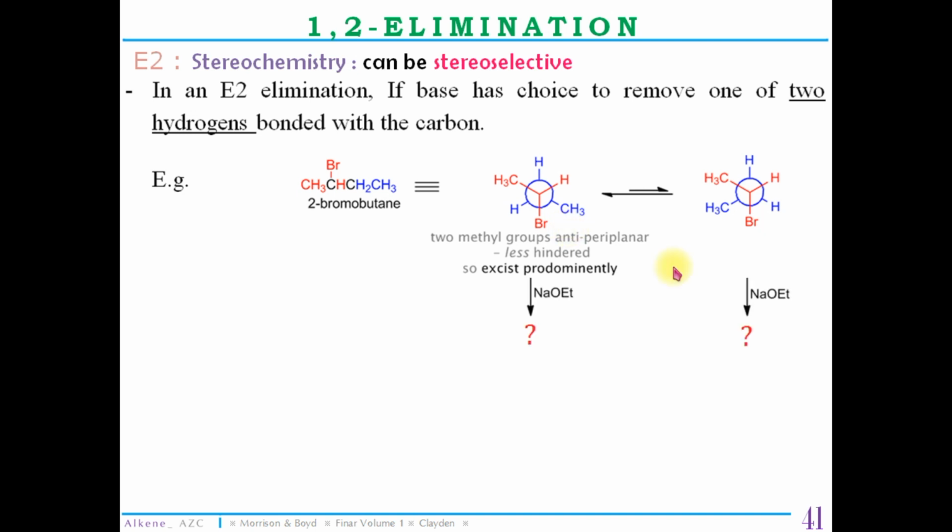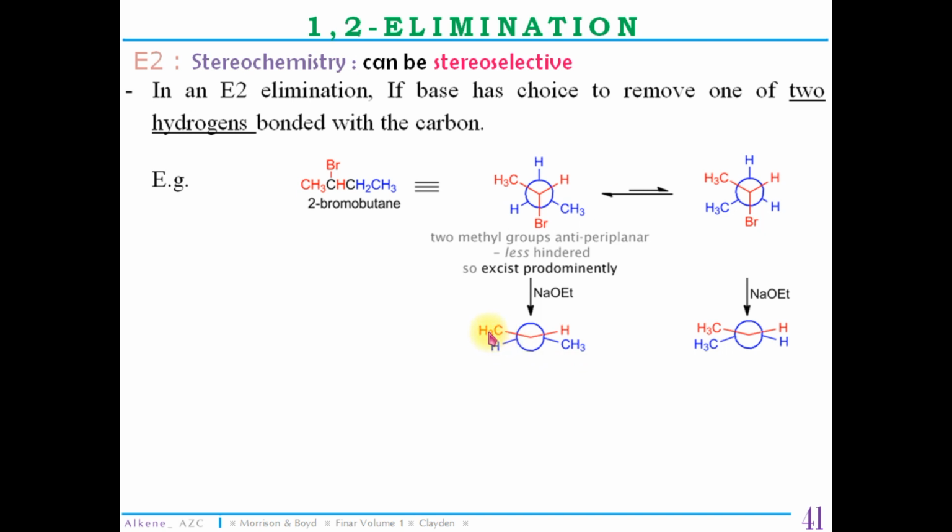What happens when the base abstracts hydrogen? Here in the stable projection, the base will abstract this hydrogen, while in the least stable projection, the base will abstract this hydrogen, and we are getting a particular product. Here abstraction of hydrogen gives this alkene.